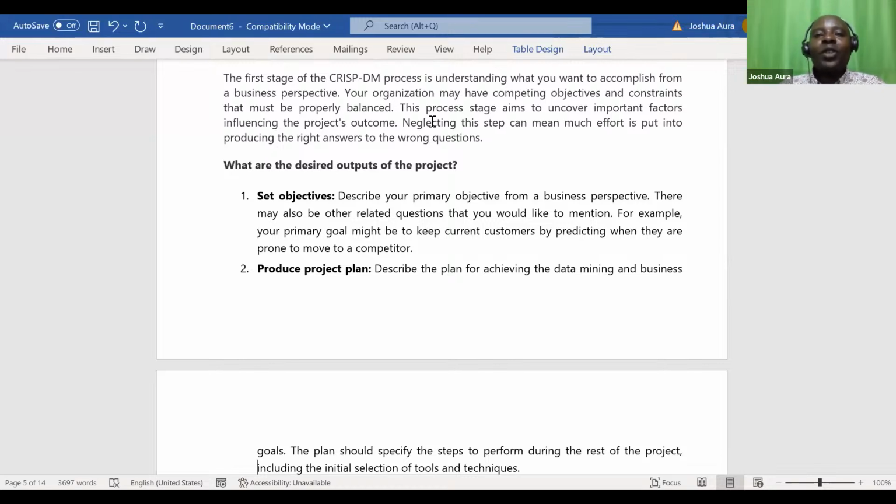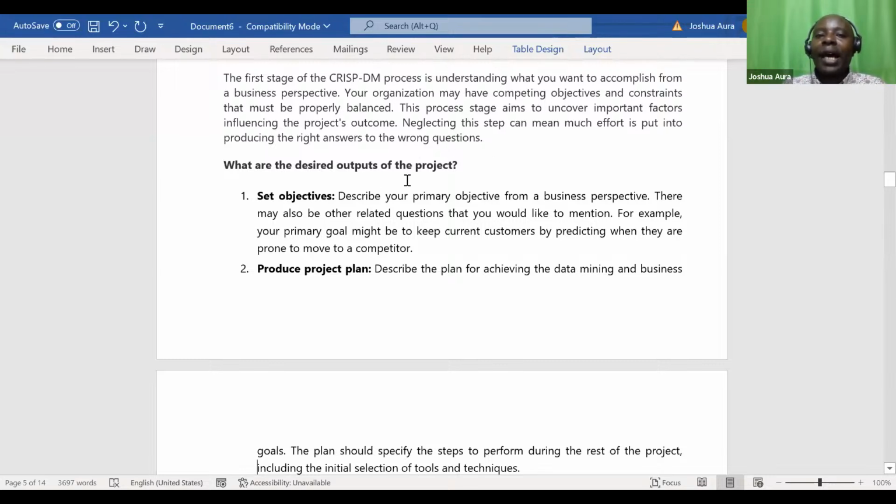This stage aims to uncover important factors influencing the project's outcome. Failing to understand the business whose data you want to analyze will be the worst decision ever. Neglecting this step can mean much effort is put into producing the right answers to the wrong questions.